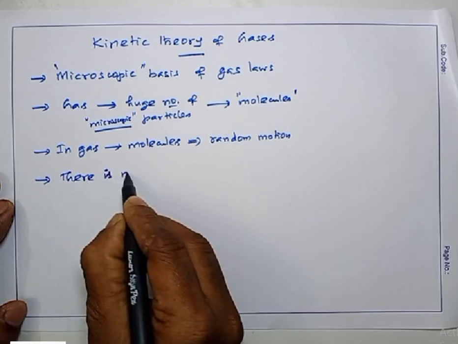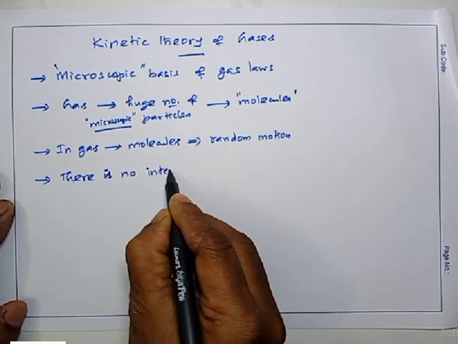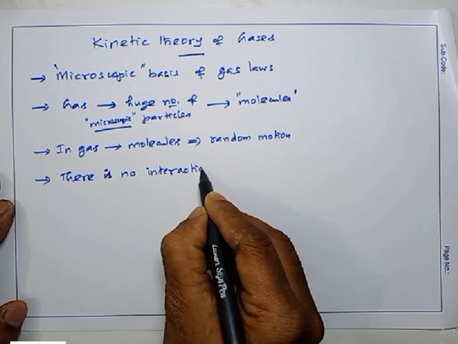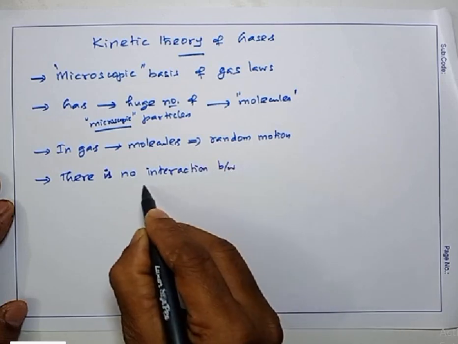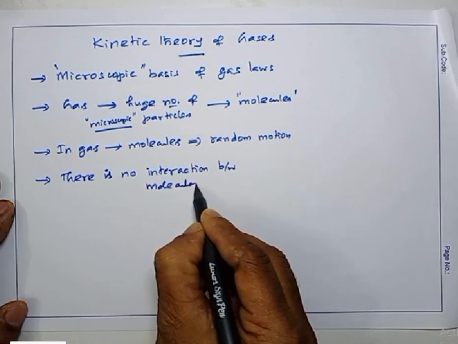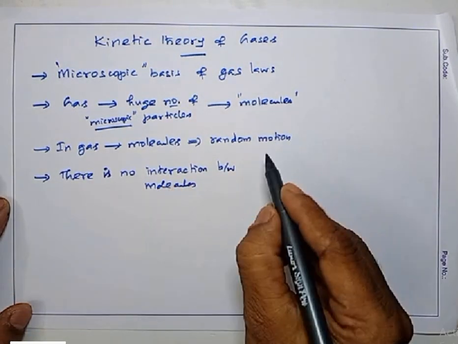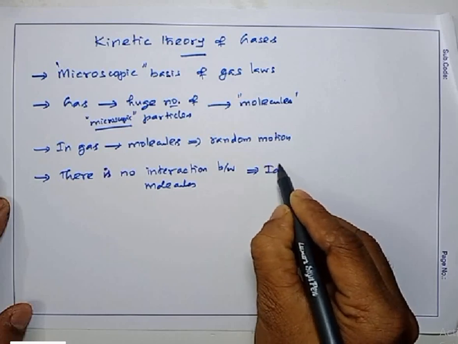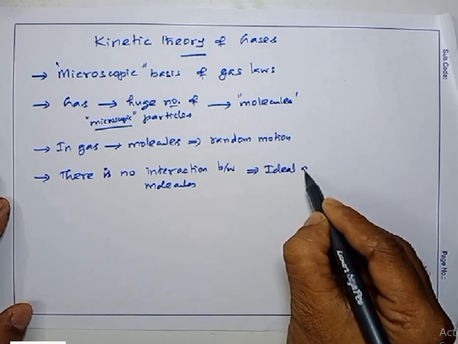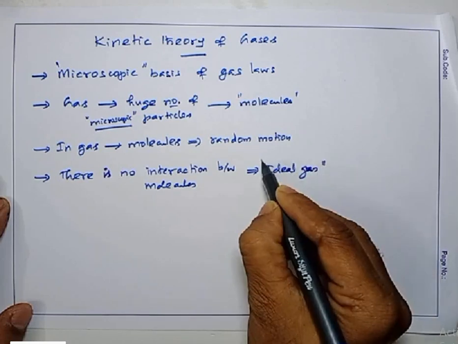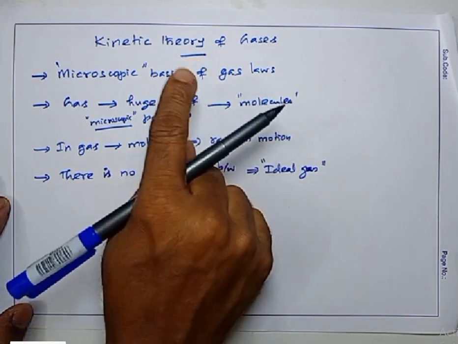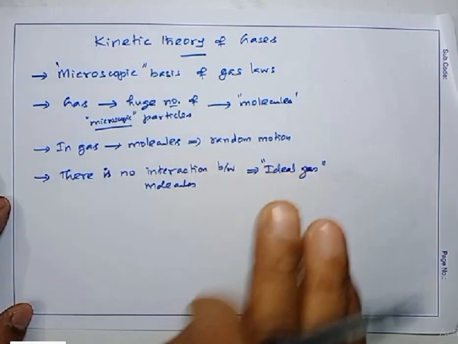There is no interaction between particles, also called molecules. No interaction means we call that gas an ideal gas. So remember, kinetic theory of gases is applicable only for ideal gas.